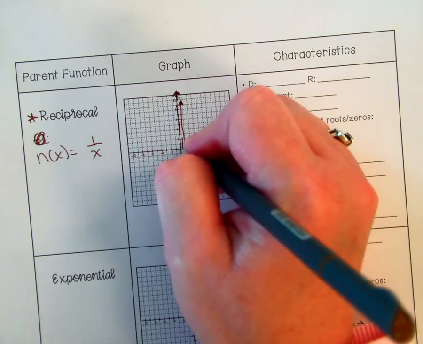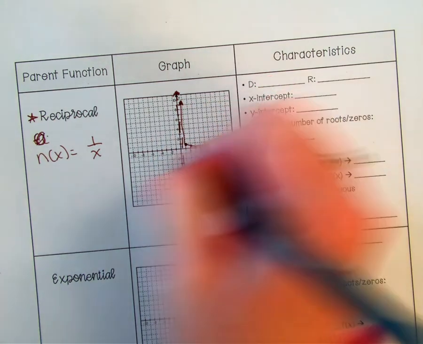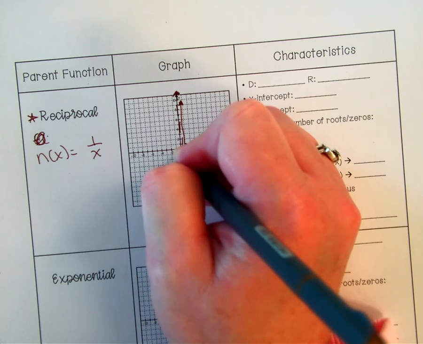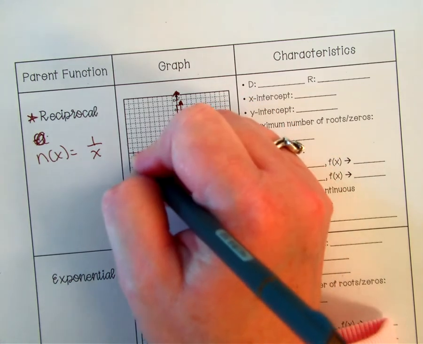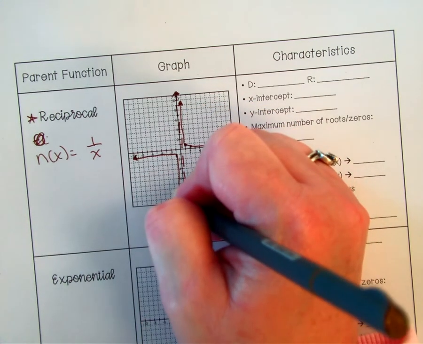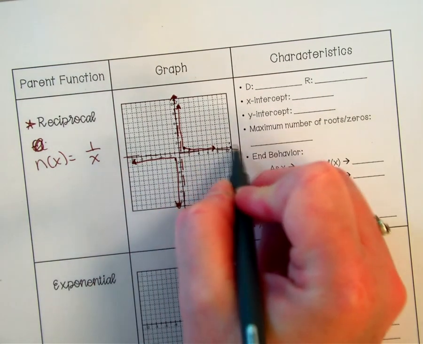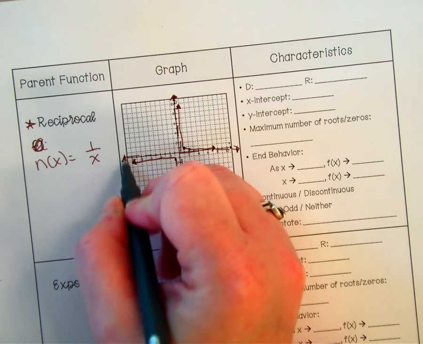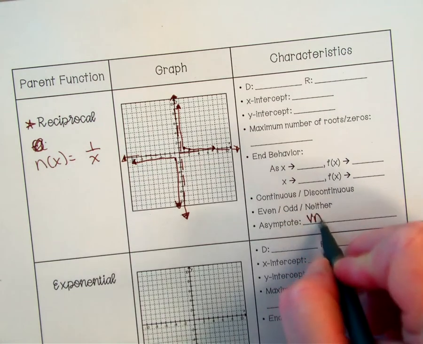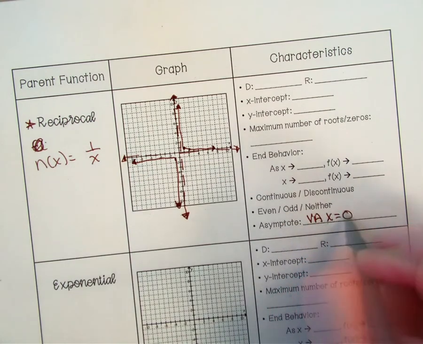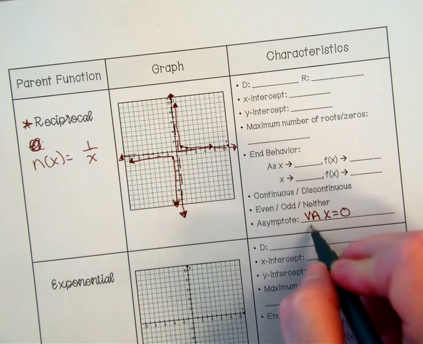This one you just kind of have to remember the shape of the graph. This one actually, if you recall, which it's okay if you don't, really has 2 asymptotes. It has a vertical asymptote at x equals 0.